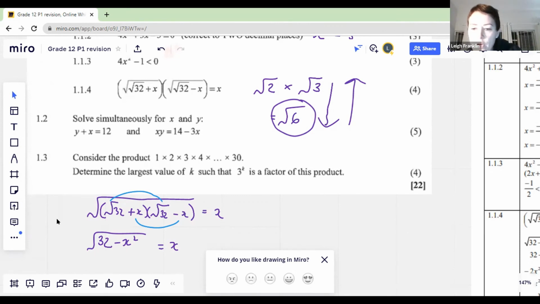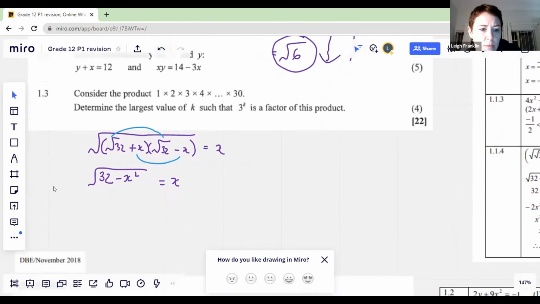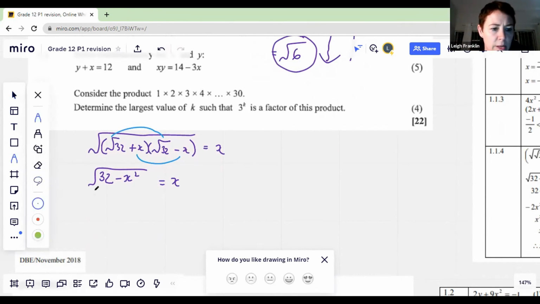Well done, Ayush. You got an answer of 4 already. And we can go and have a look at where the marks would be allocated. I'm just going to work slowly behind you guys.